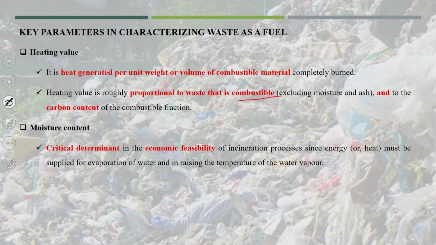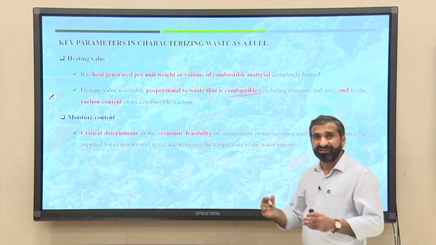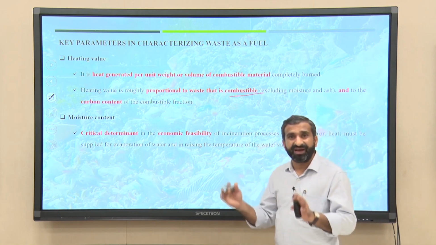Now, the next parameter is the moisture content. The determination of moisture content is very important. If there is more moisture content, obviously that kind of waste will require more energy for combustion. What could be possible? When you put in waste with more moisture content, the waste will first have to dry.